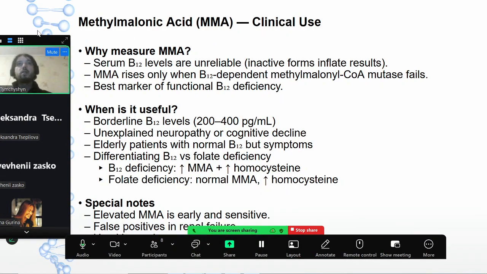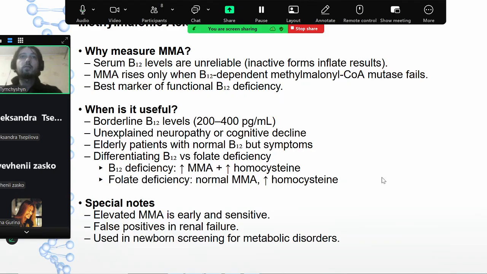What's interesting, this methylmalonic acid has some clinical use. So why do we use that? Some serum levels of B12 may be unreliable because there are some inactive forms that may inflate the result. So in case of deficiency of B12, it's more reliable to measure the methylmalonic acid.